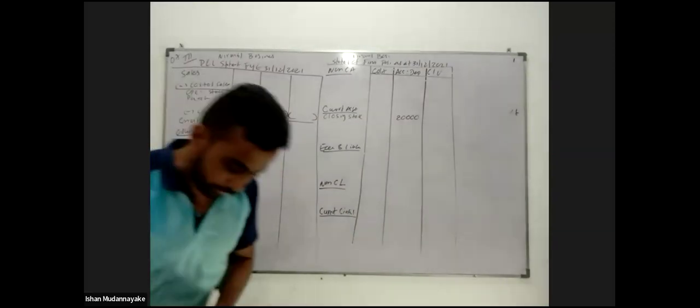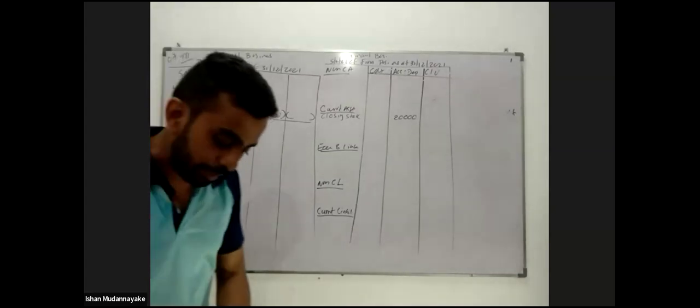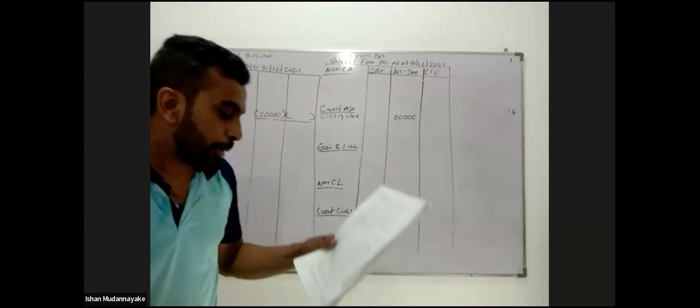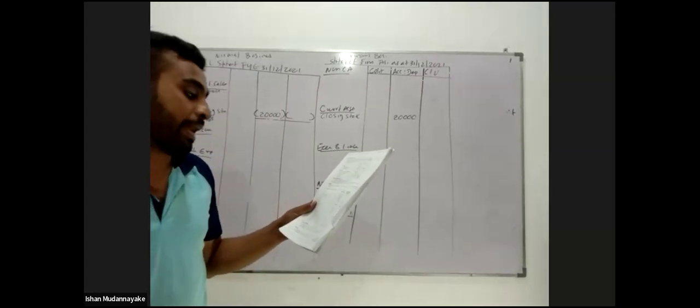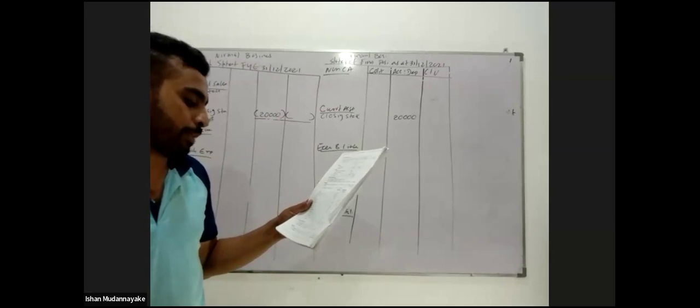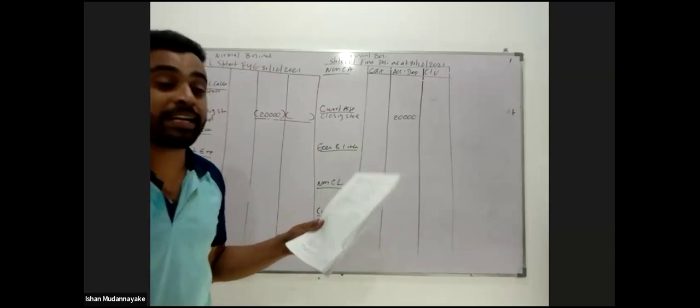My second one, accrued rent 2,000. The rent paid amount in the trial balance is 18,000, and another 2,000 is payable. Paid amount plus payable amount, total how much? 20,000. Relevant rent expense for the period 20,000.